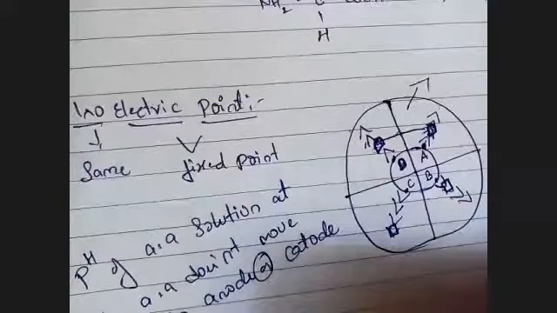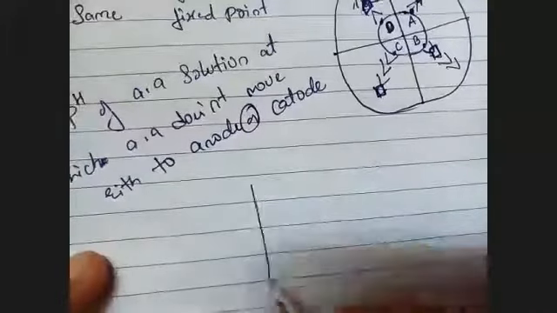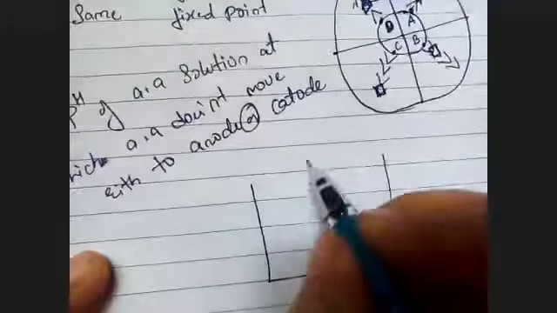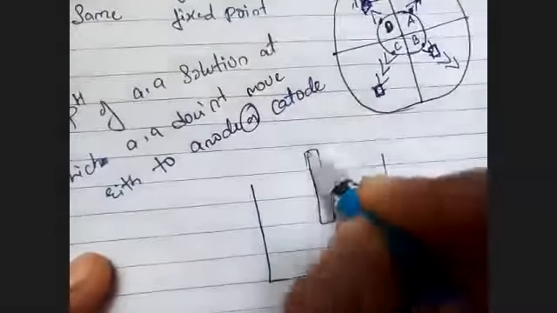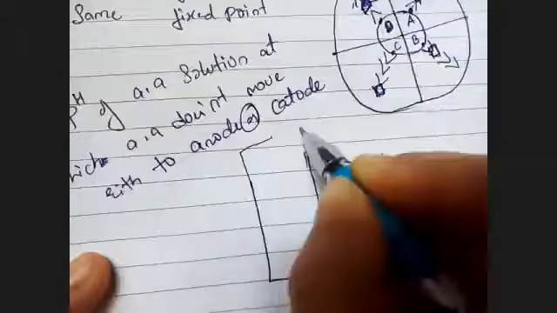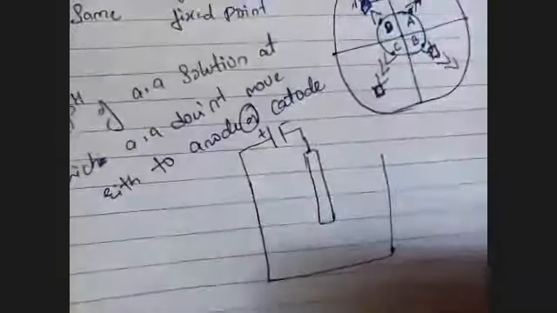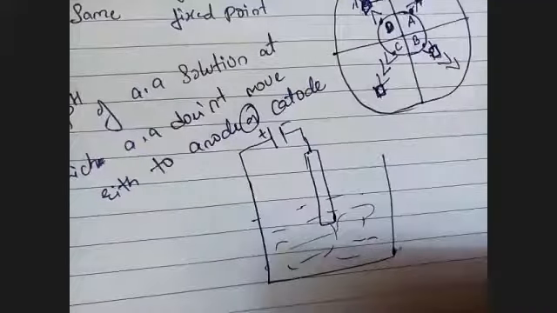I can show you, anyway you know the electrode system, so based on that I'm trying to explain this way. This is our electrolysis method. I connected this; I'll take this as the cathode, and this is your anode. I'll take the solution.